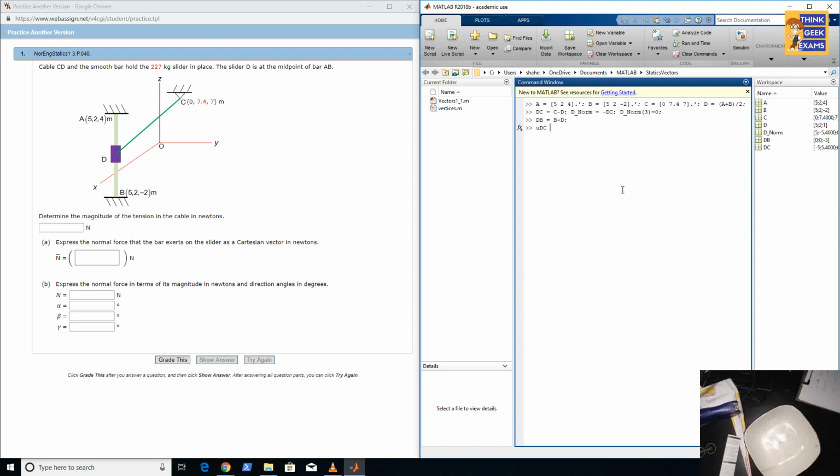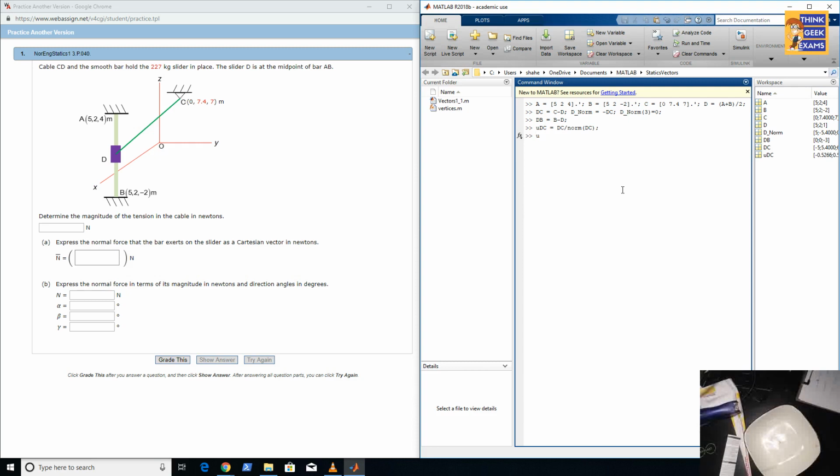UDC equals DC divided by norm of DC. And that's correct.